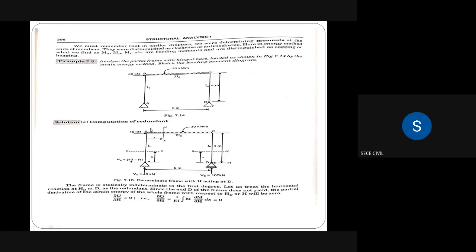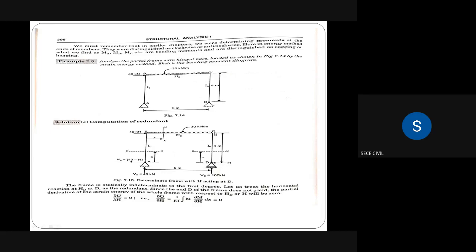So moment will be there in both the joints. At point B also moment will be there, and point C also the moment will be there. So for this section, when x is equal to 0, it denotes MB. So moment B value will come. When x is equal to 5 means it denotes point C. So moment will come for this joint also.